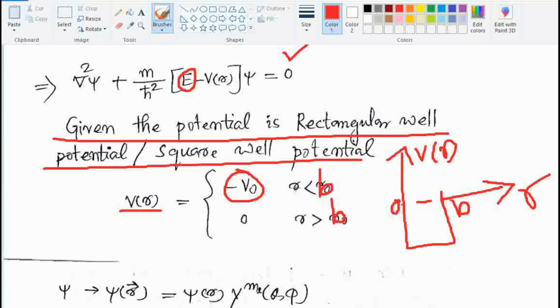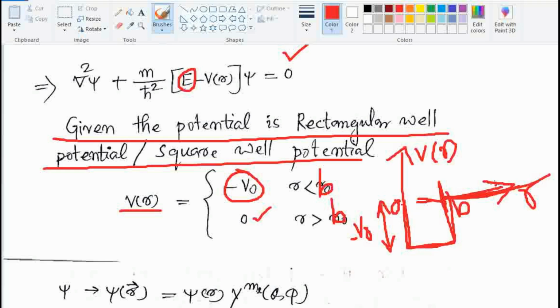So below this point B, the potential value is minus V naught. That means this depth is minus V naught. But for R greater than B, that means from this point onwards to infinity, it is 0. So that's why the potential becomes 0. And this is the attractive potential, that's why the minus sign is coming here.